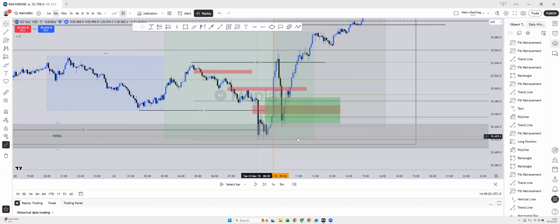Now, like I said, I've got a mitigation zone here, and within that, I've also got another one here. So this is where price came into.